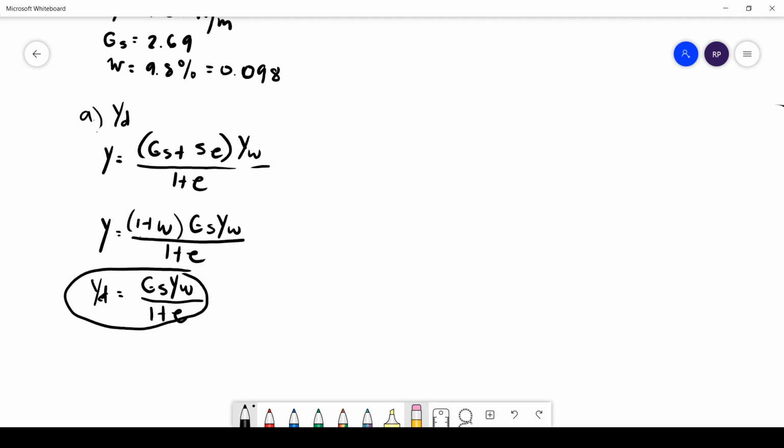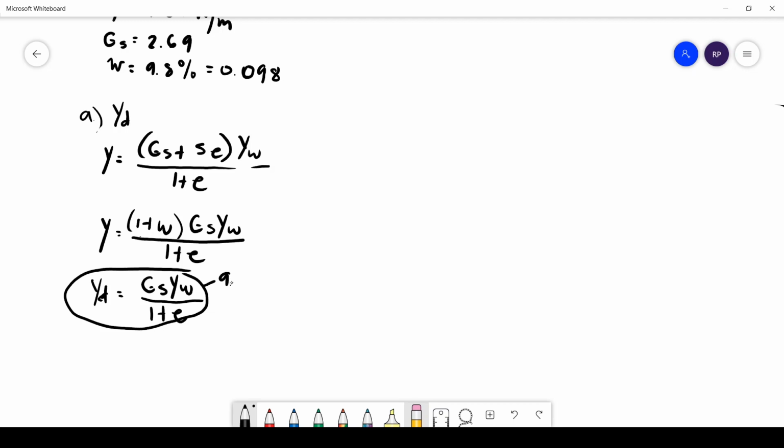So looking at the equation, tignan nyo yung given. We are given your moist unit weight, your specific gravity, and your moisture content. Tingnan naman natin yung equation to solve your dry unit weight. Sa loob ng equation, we must know the specific gravity. So may specific gravity naman tayo. Unit weight of water, alam nyo na yan, that is 9.81 kilonewton per cubic meter.